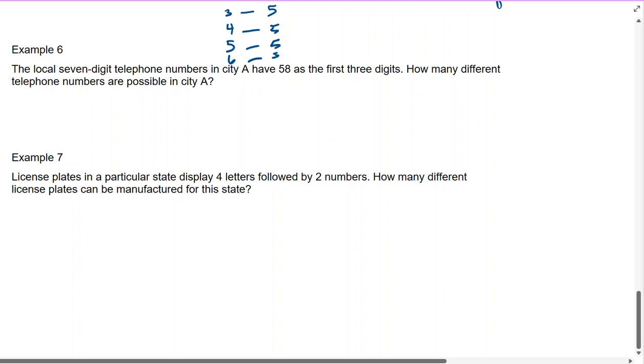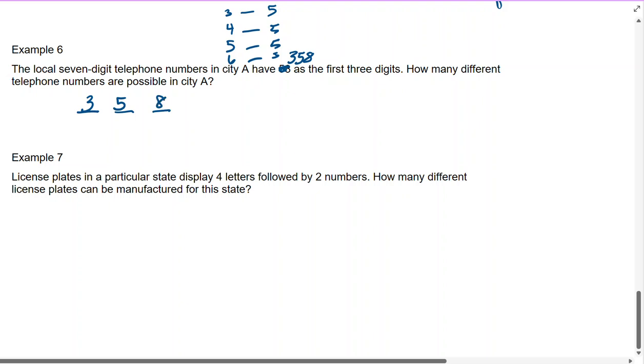All right, well, let's talk about digits. Digits are what we create numbers with. So there would be 0, 1, 2, 3, 4, 5, 6, 7, 8, and 9. These are the digits. That's all we can use to make a number. So I could have 0000 as a phone number. That could happen in this type of problem because they didn't give us any information that we couldn't use those digits.